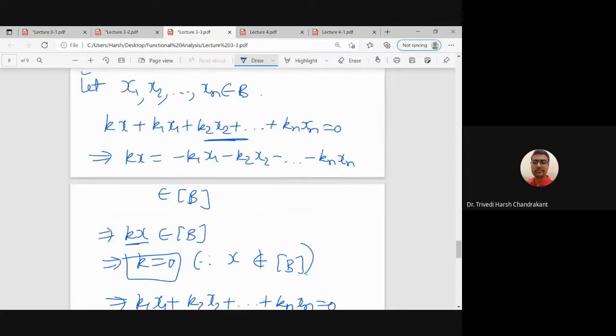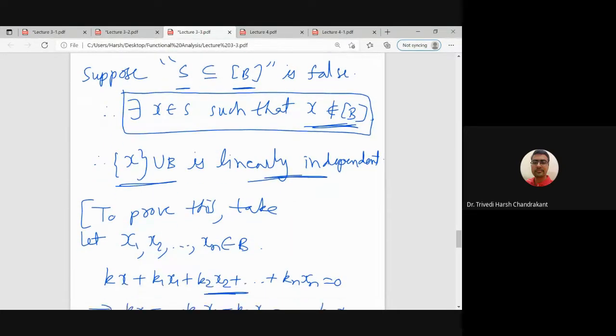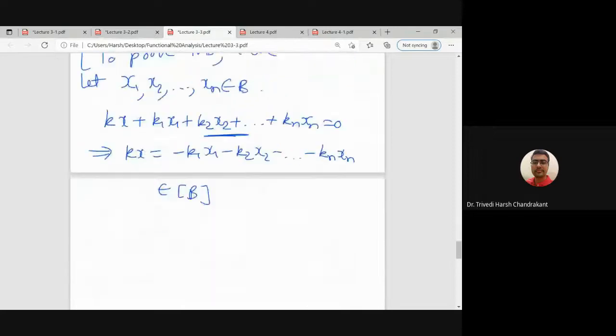So basically we are using here the result of linear algebra, and the proof is in the bracket. We have verified that.